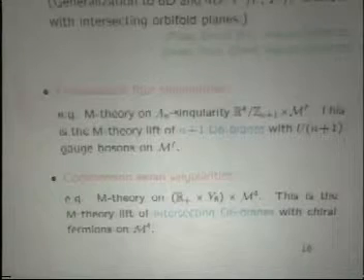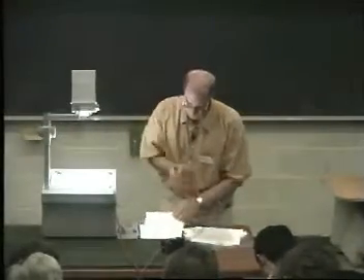And finally, you can have codimension 7 singularities, and these singularities will turn out to be the lift of the intersection points of the D6 branes which support chiral fermions.